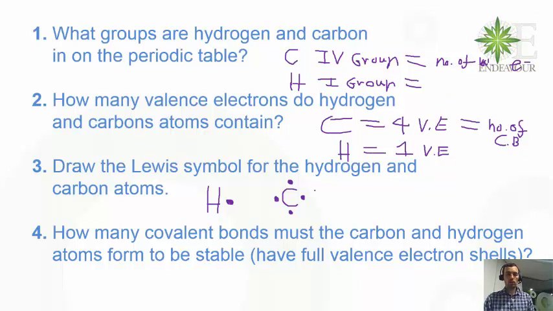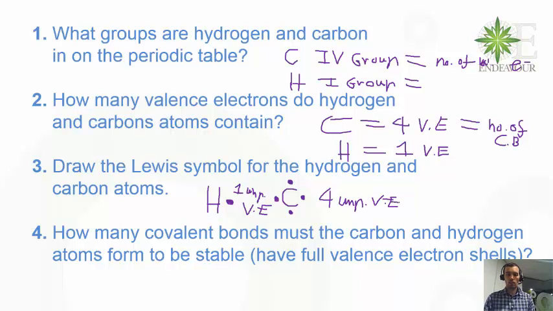Remember, the number of valence electrons might not always be the same as the number of unpaired valence electrons. Some of the valence electrons can be paired. Not in this case, but keep an eye out for that. So for hydrogen, we've got 1 unpaired valence electron, and for carbon, we've got 4 unpaired valence electrons.